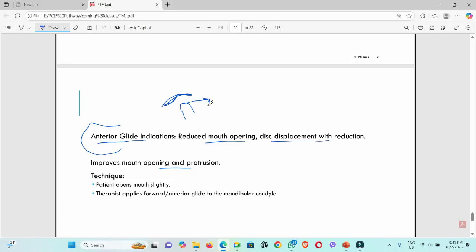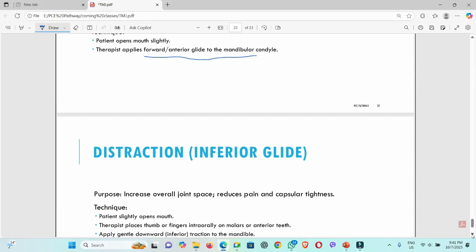That's what we read. If there's reduced mouth opening, we will give anterior glide. Technique: patient opens mouth slightly, therapist applies forward or anterior glide to the mandibular condyle. So remember the first basic, what we read in the first slides. It is anterior glide to open the mouth.